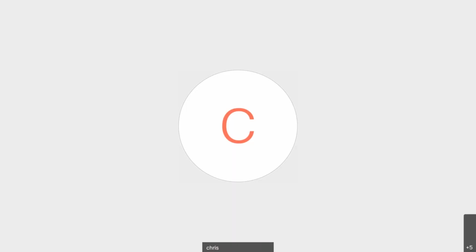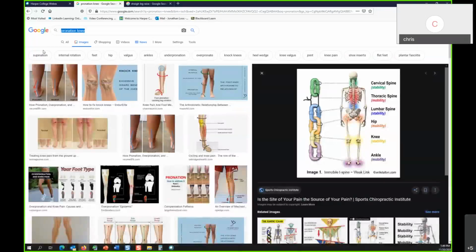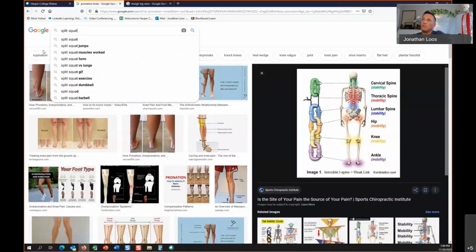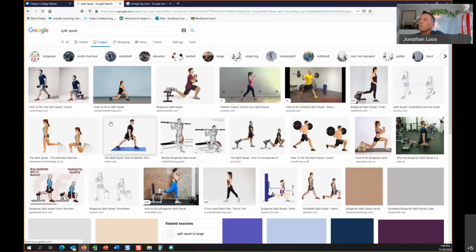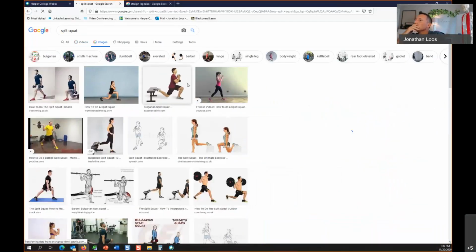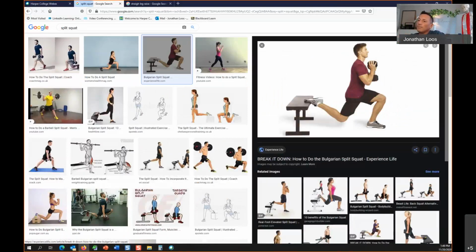Let's do a practice example together, and then I think you will feel better. Let me share my screen again. Let's just pick an exercise, a move, and use this one here.